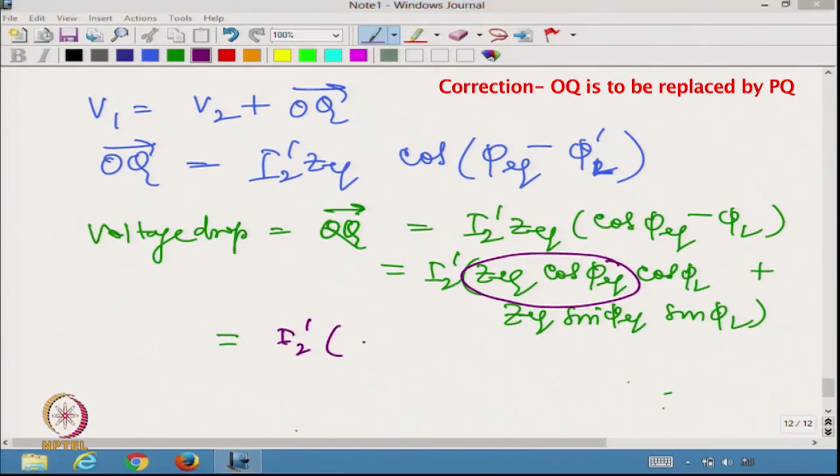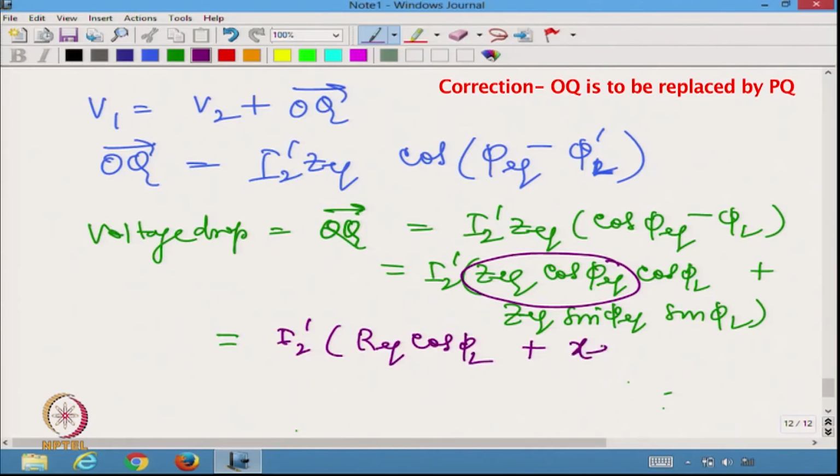That will be essentially R equivalent cos phi L plus X equivalent sin phi L. So, this is the voltage drop.